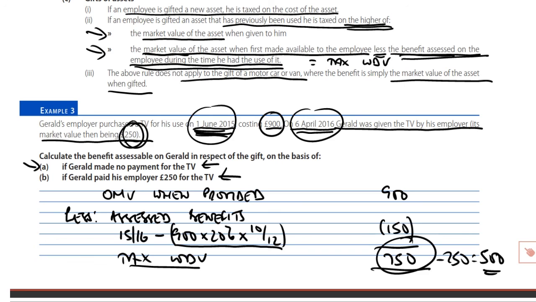Okay, now that rule, remember, is for any other assets than those that are specifically dealt with within the legislation. Living accommodation, as we've already seen, is specifically dealt with. What we will then see next time is probably the most likely assessable benefit that is going to be tested in probably the vast majority, if not the entirety, of all examinations set.